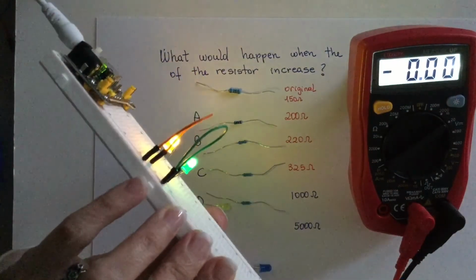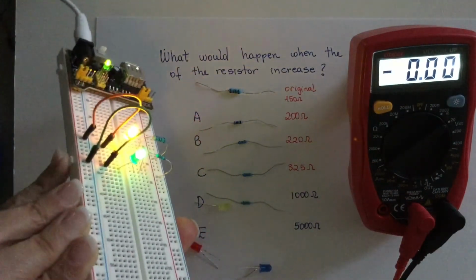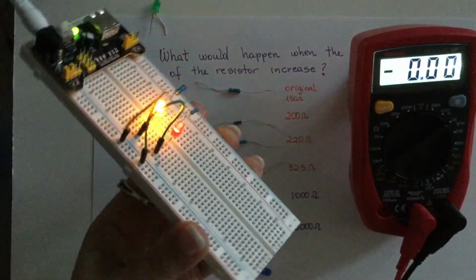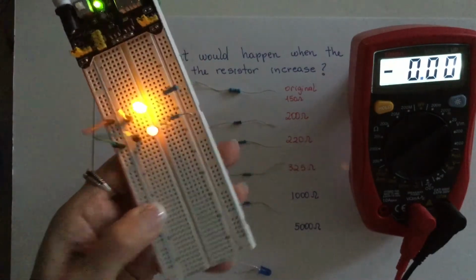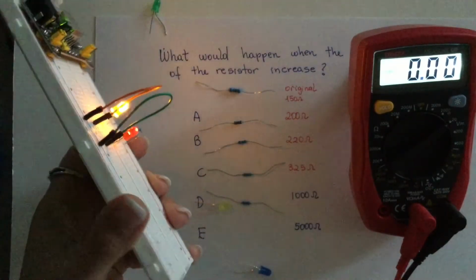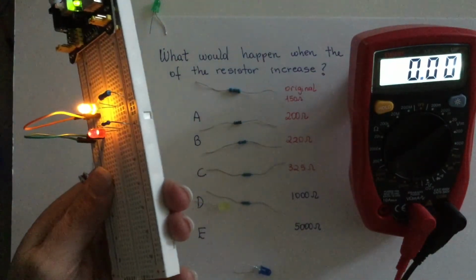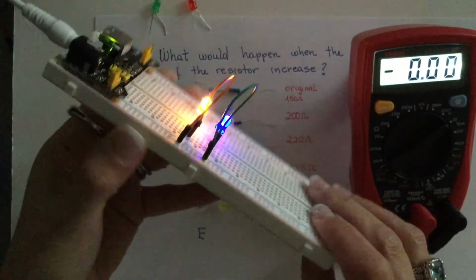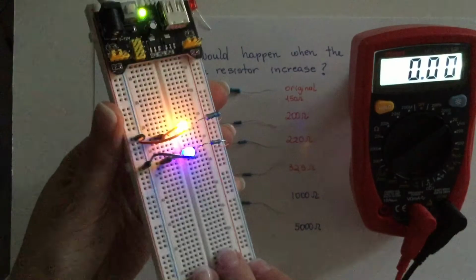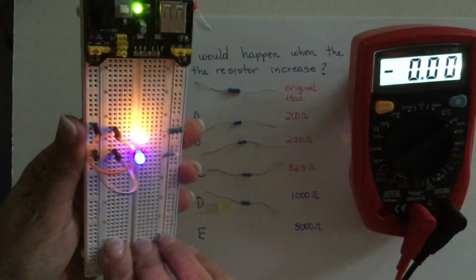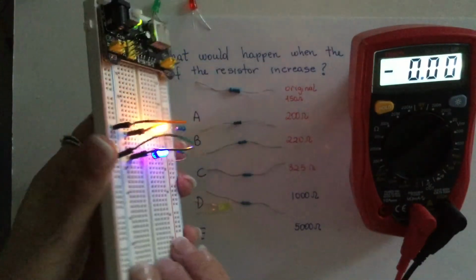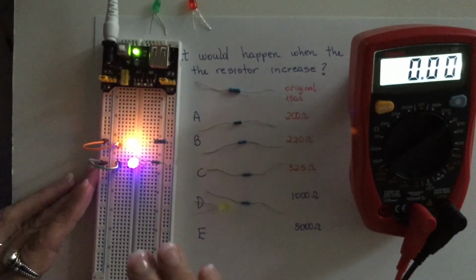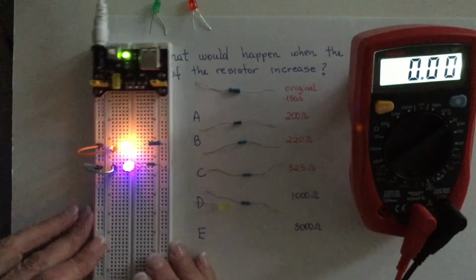It does work really good with 5,000 ohms. The red one is on, but is super dim. This is the blue one. It's dimmer, but looks good. So the one that I actually noticed was very, very low in light was the red one.